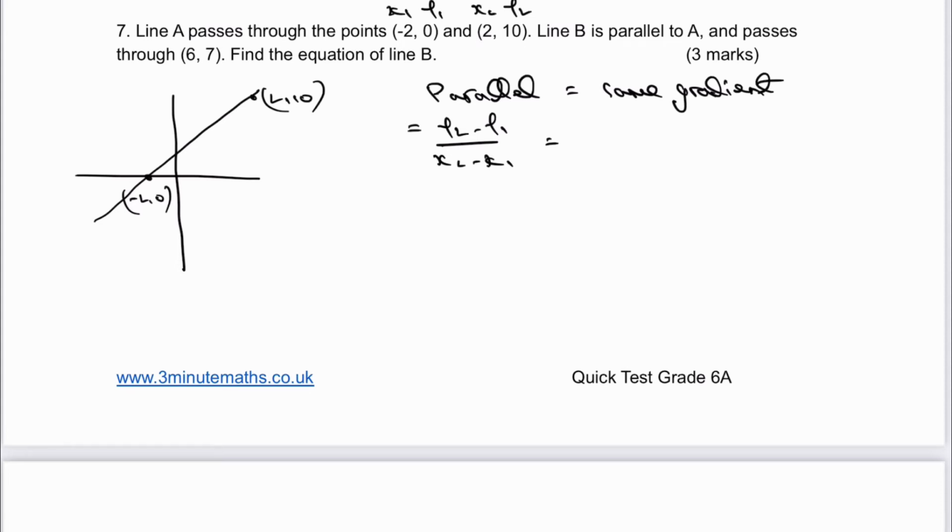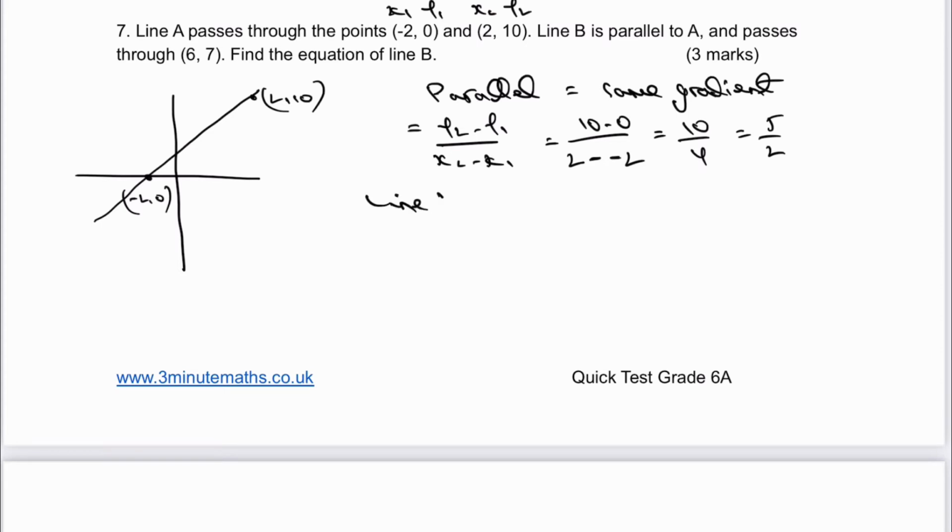And then really all I need to do is feed this directly into my calculation. Don't forget it's 2 minus -2, so it's going to be 2 plus 2, which is 4. So I'm going to get 10 over 4, which is going to be equal to, simplified, 5 over 2, or if you prefer, 2.5.